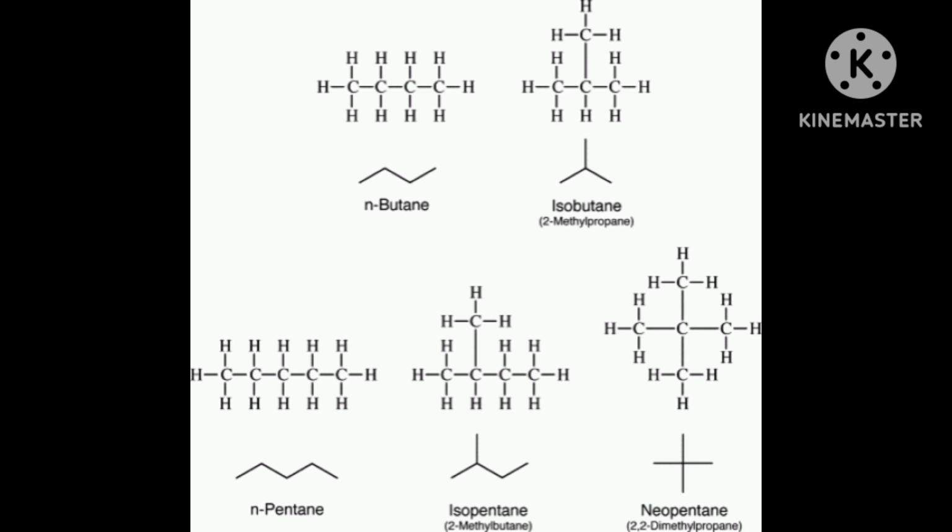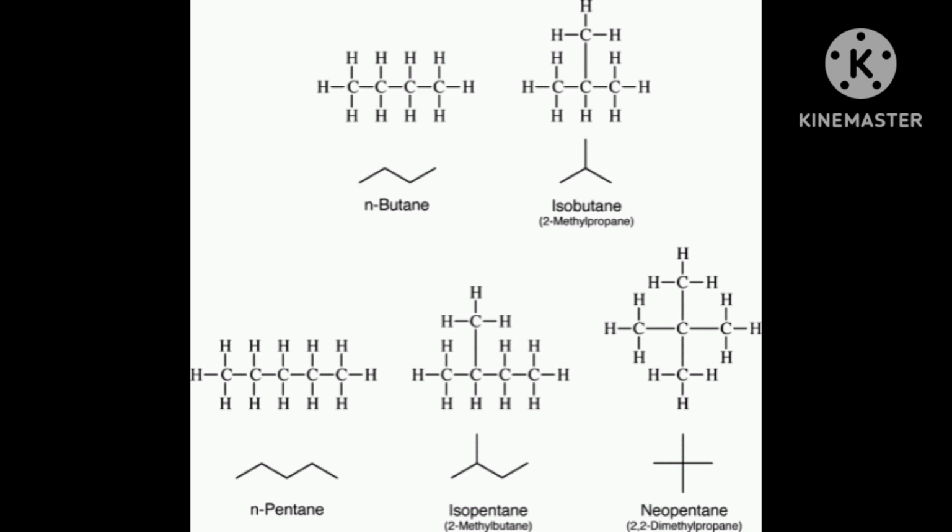Okay, a species having a carbon atom possessing a sextet of electrons and a positive charge is called a carbocation. Earlier it was called carbonium ion. Now it is called carbocation because the carbon has the positive charge.